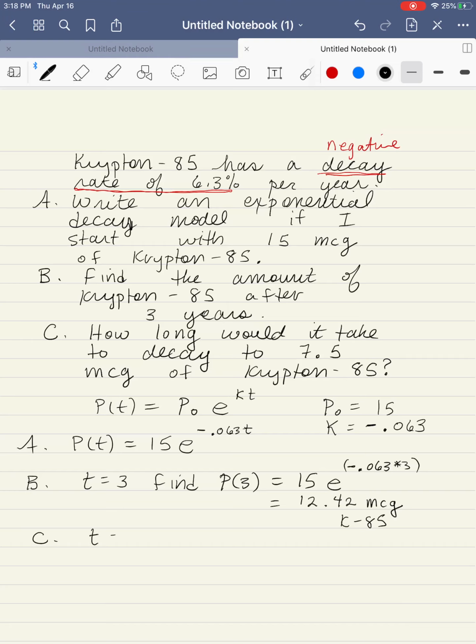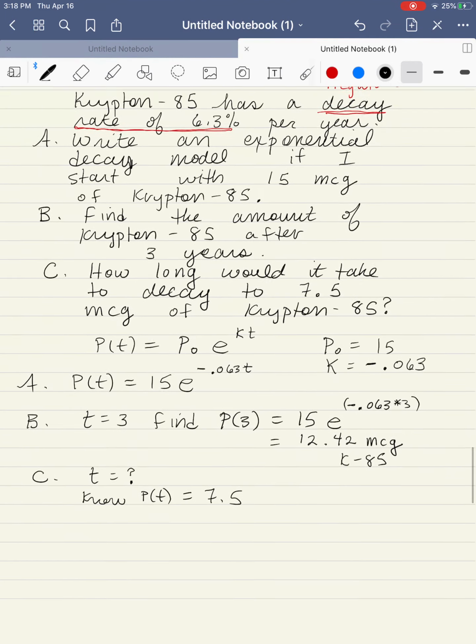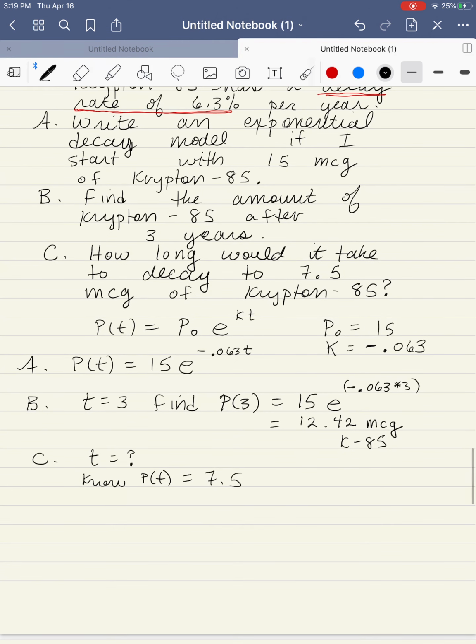And then for part C, how long would it take? Is saying find t if P of t is equal to 7.5. So I am solving the equation 7.5 equals 15 e to the negative 0.063 t. Remember, the 15 is part of the model, so it's there every time.